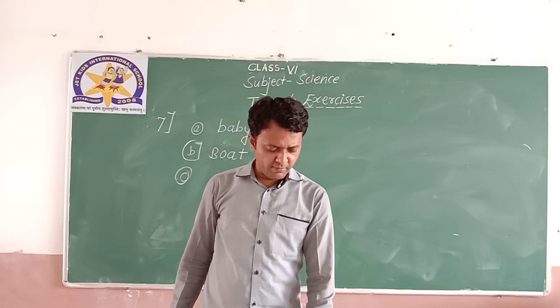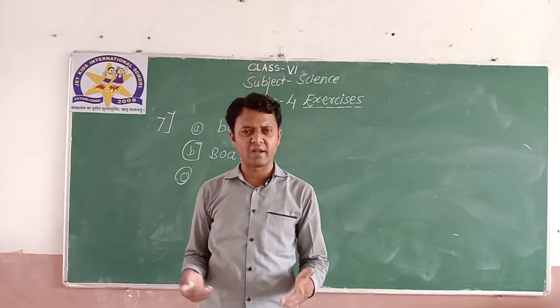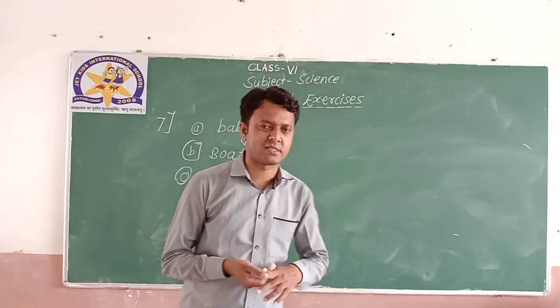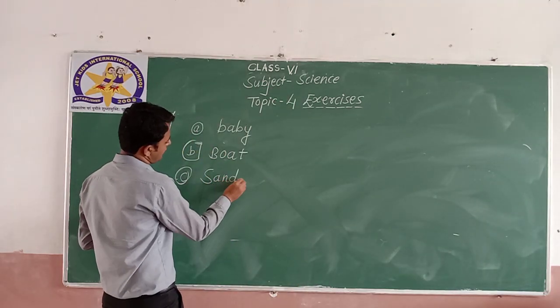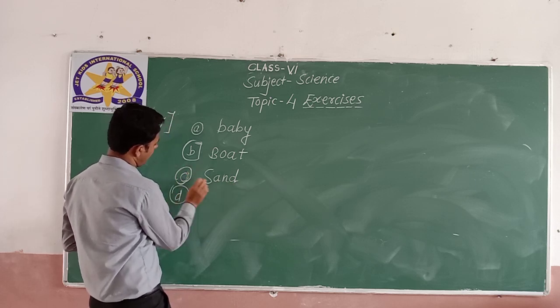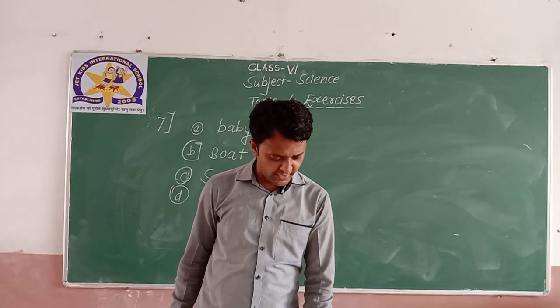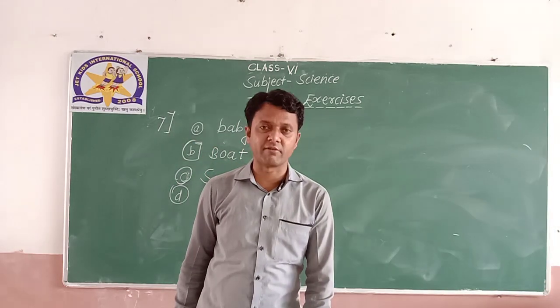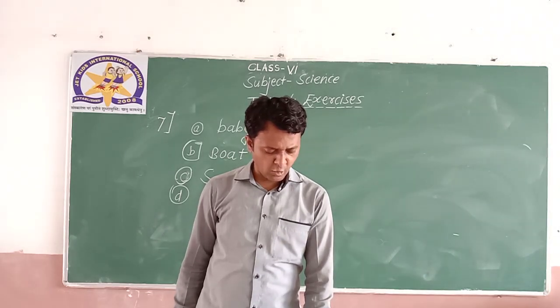C: aluminium, iron, copper, silver, sand. Of course sand, because all others are metals. And D: sugar, salt, sand, copper sulfate.